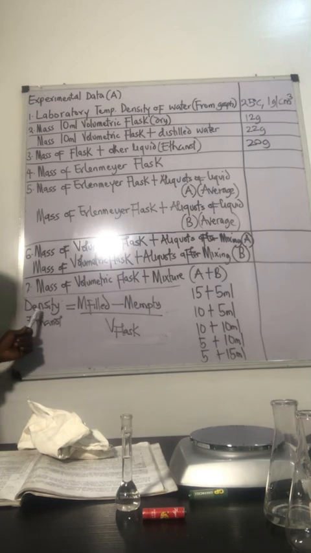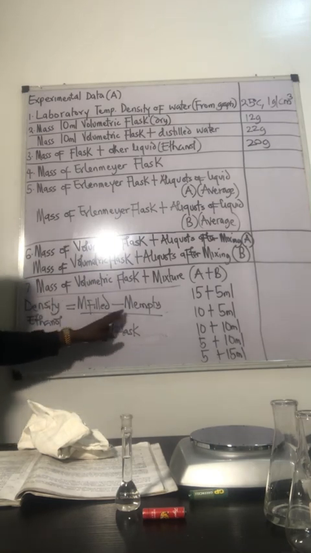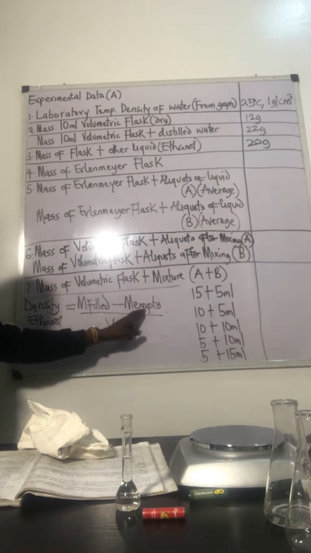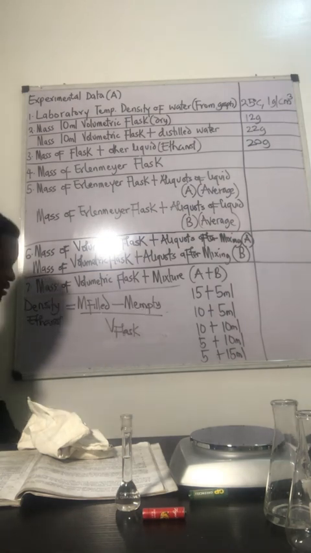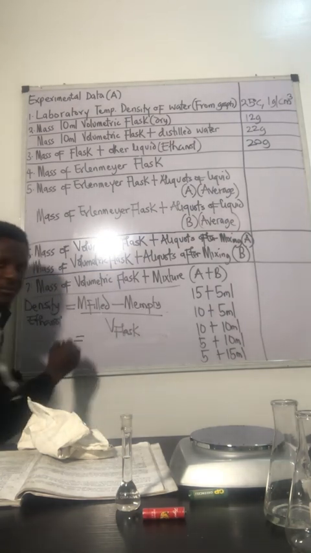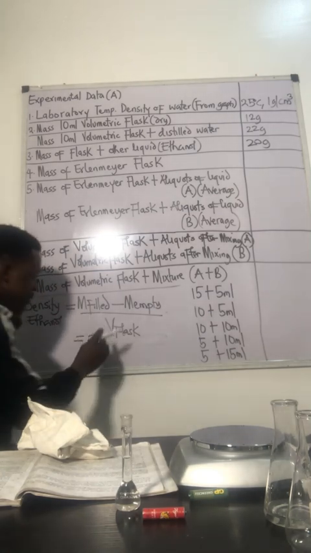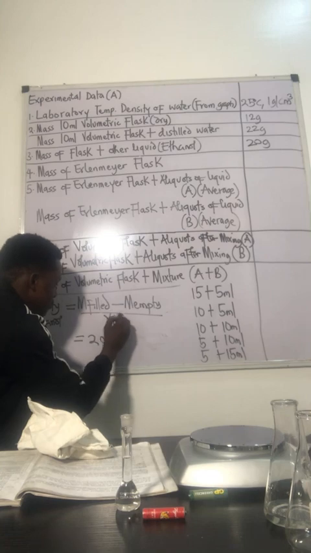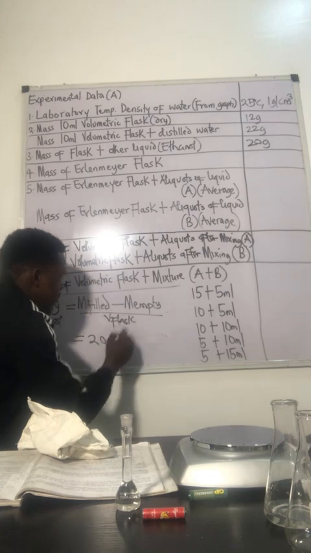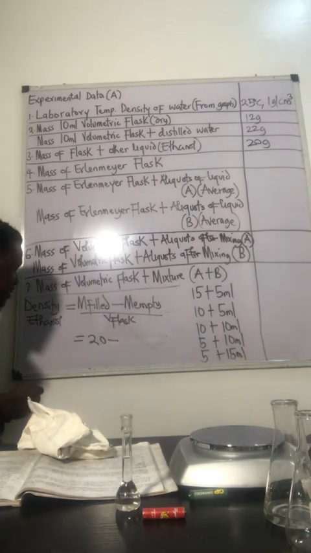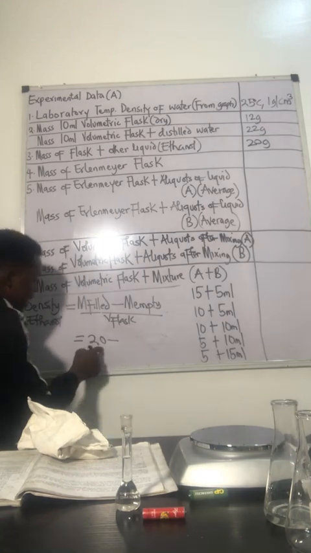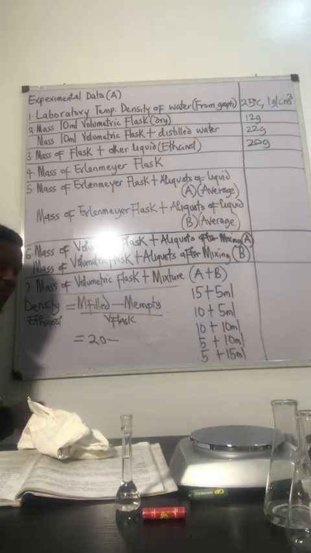Now, the density of ethanol, we're going to get it using mass filled with ethanol minus mass of the flask when it is empty divided by the volume of the flask. Now, the mass of the flask when it is filled with ethanol is 20. The mass of the flask when it is empty, this particular mass filled is when it is filled with ethanol.